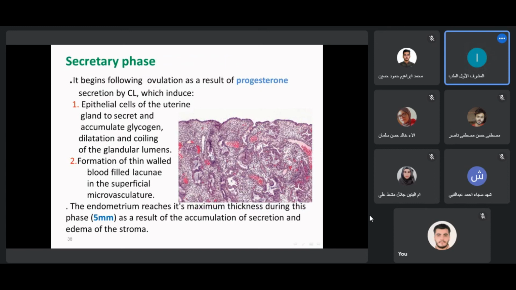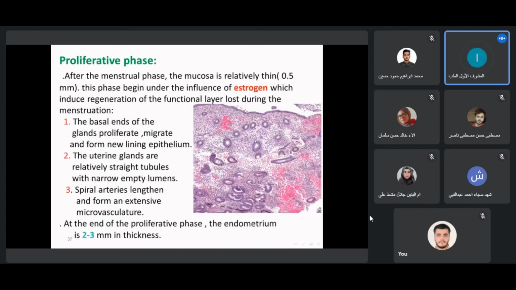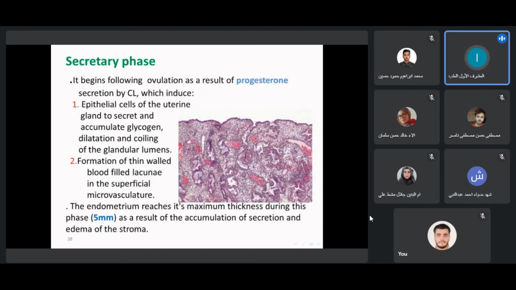Also, there will be an increase or dilatation and formation of the network of thin-walled blood vessels in the superficial microvasculature. See here there are blood vessels, but they are not as extensive and dilated as in the secretory phase. These are the dilated vascular spaces, network, microvasculature, capillary network.